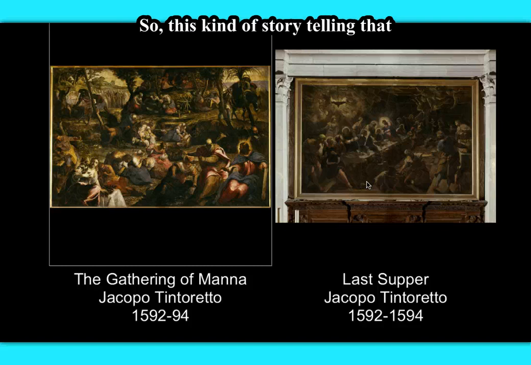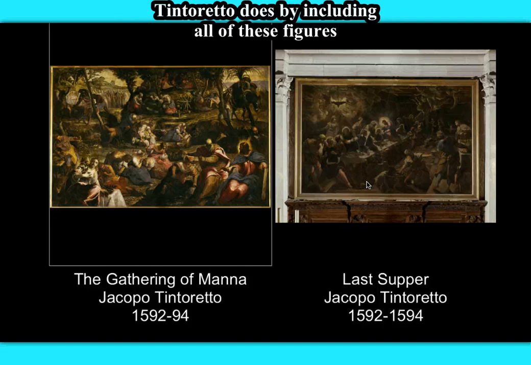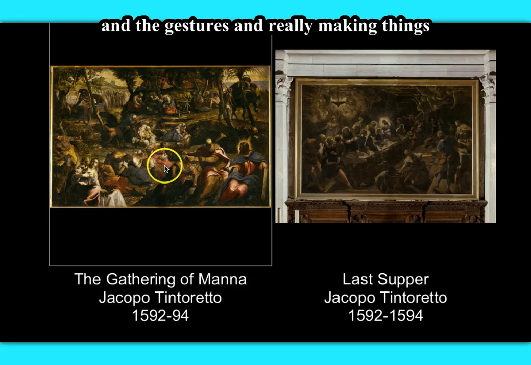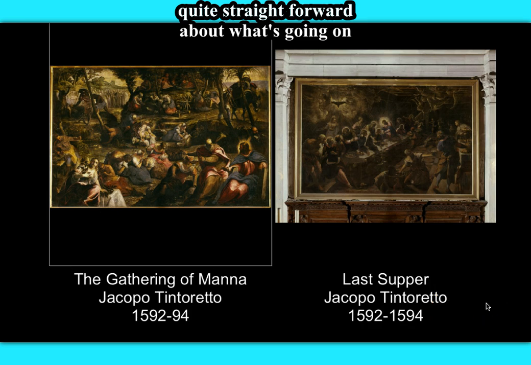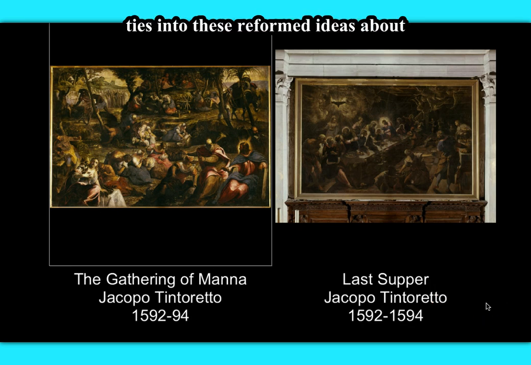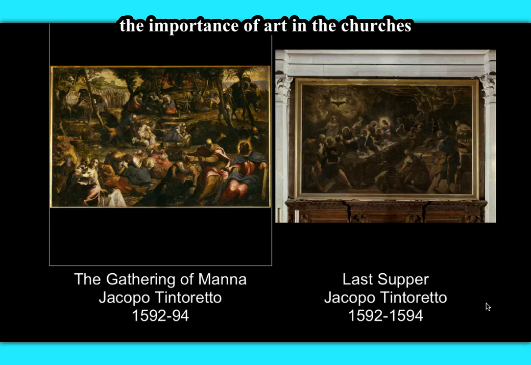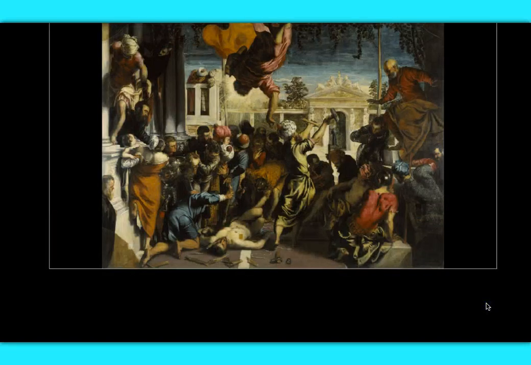So this kind of storytelling that Tintoretto does by including all of these figures and gestures, and making things quite straightforward about what's going on, ties into these reformed ideas about the importance of art in the churches and the functions that they hold.